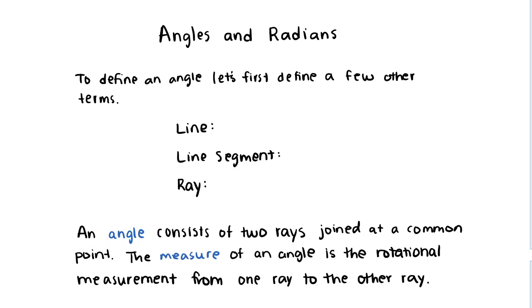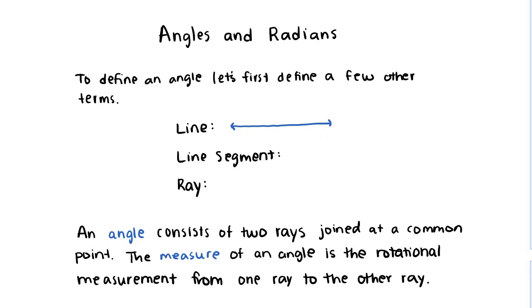Lines are something you've probably seen before and dealt with in algebra. It's a one-dimensional, straight object that goes off in both directions, and the point I want to emphasize is that it goes off in both directions indefinitely.